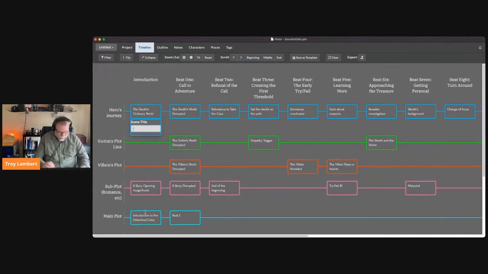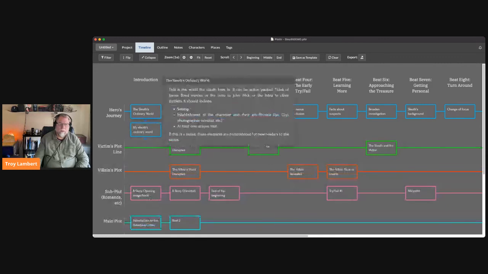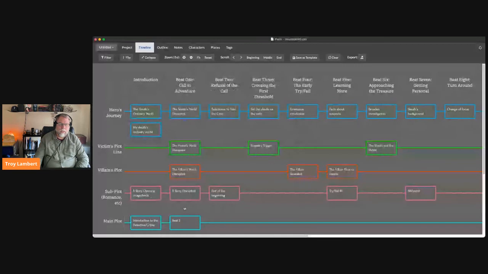You could instead add a box here and say, my sleuth's ordinary world. And then you could delete the top one when you're done. So you could do that as well, or even just leave those guides in there and enter your own.